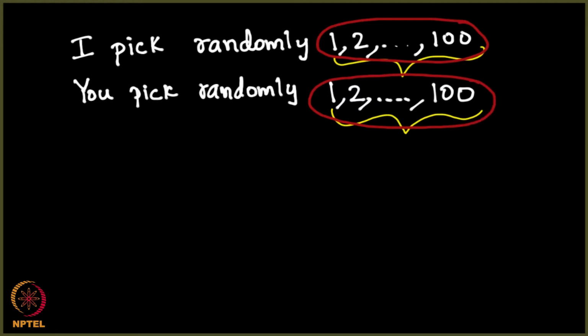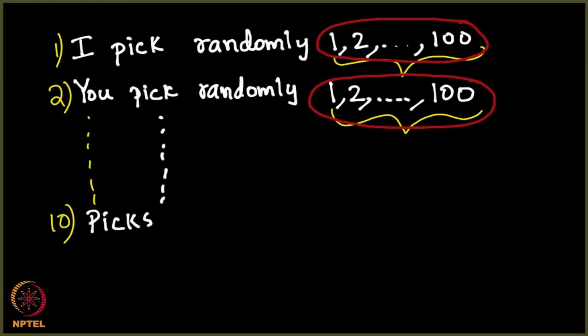Let's assume 10 such people pick. Okay, I am the first person, you are the second person, so on and so forth. Some 10 people pick like this. Okay, the 10th person also picks a number from 1 to 100. Okay, right?